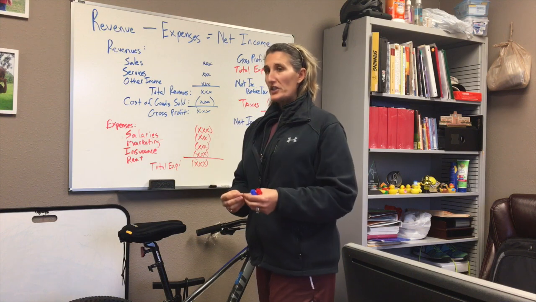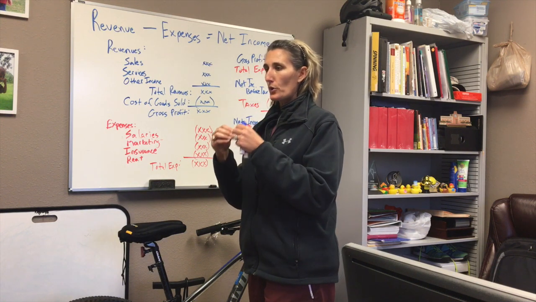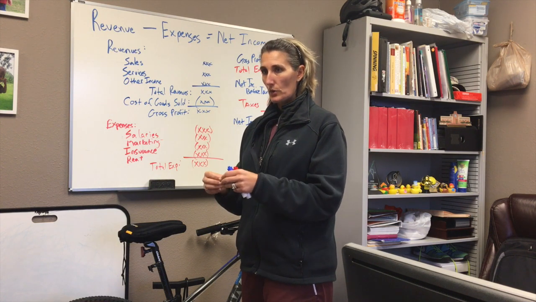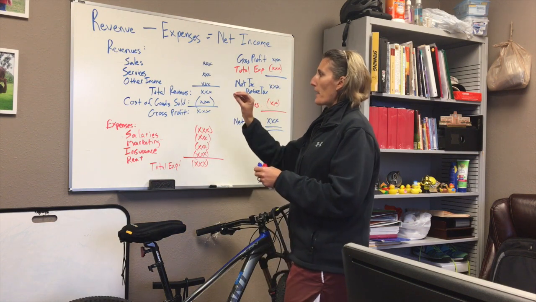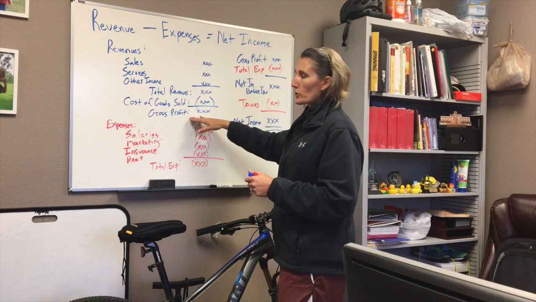So if I'm selling a widget, anything it takes me to build or create or pay for that widget is going to go as a cost of goods sold. Okay, so you want those particular costs to come out first. And what that gives you is what we call gross profit.